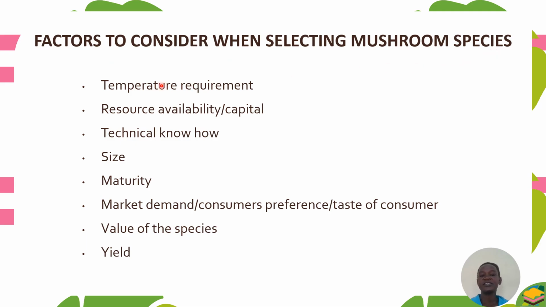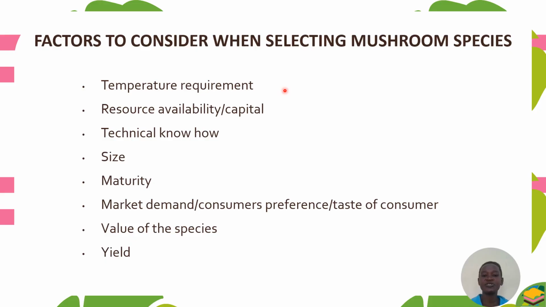One of the factors we need to consider is temperature requirement. Remember, there are different varieties of the mushroom, and their temperature requirements also differ. Remember, last time we categorized the mushroom just into two, as button as well as the oyster mushroom.